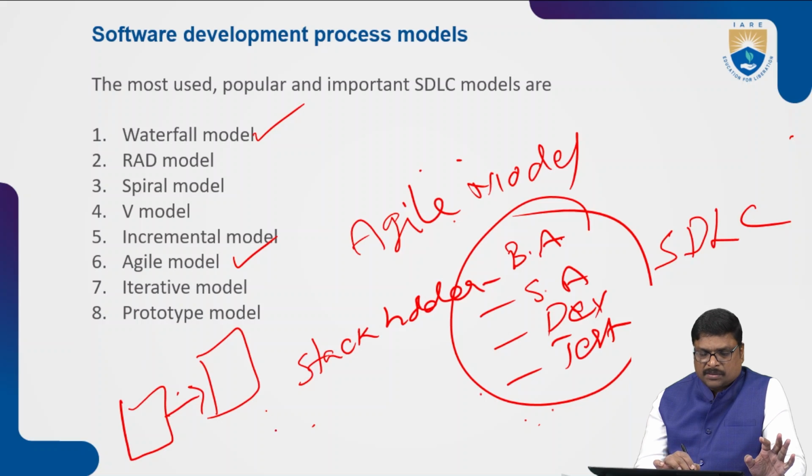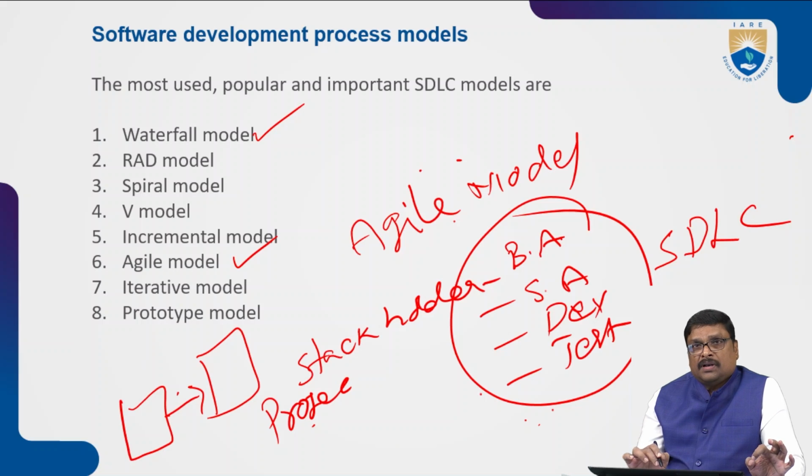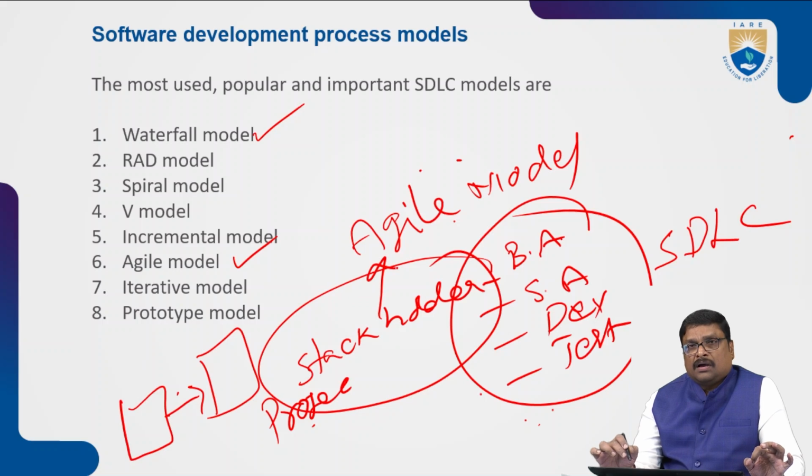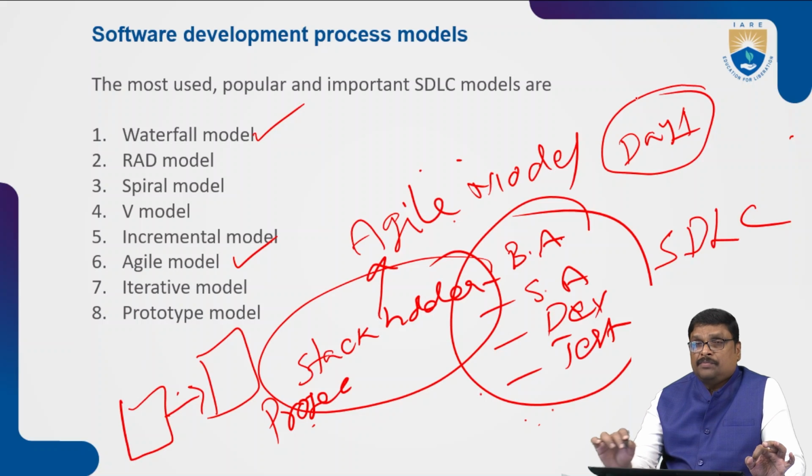That is how a project plan is prepared. But in the Agile process model, which is a matured model, all the stakeholders are involved from day one of the project, which is helpful to generate better requirements and better modeling.